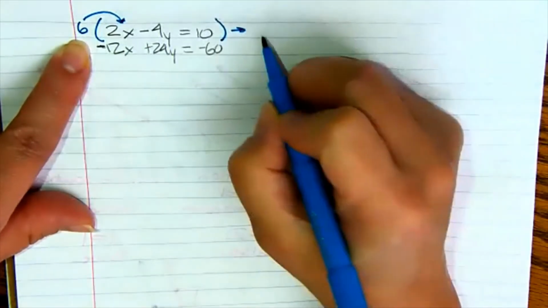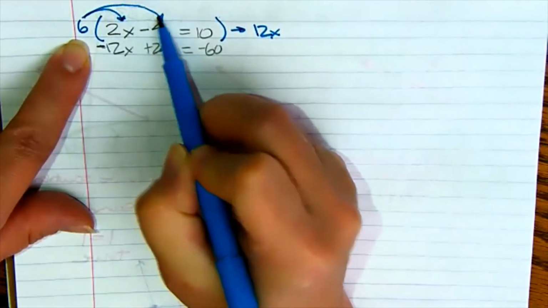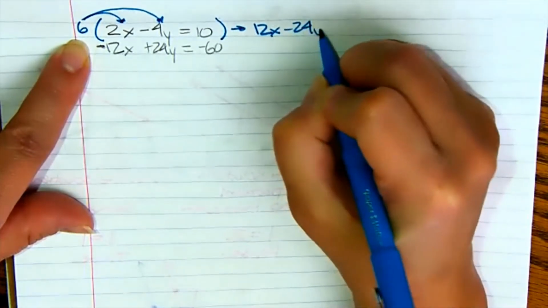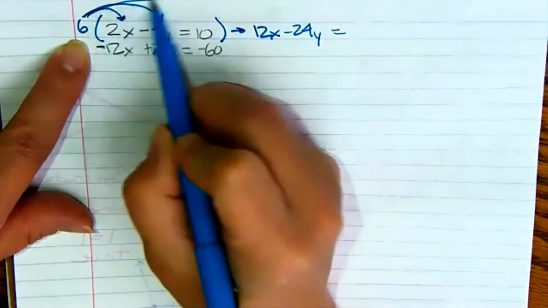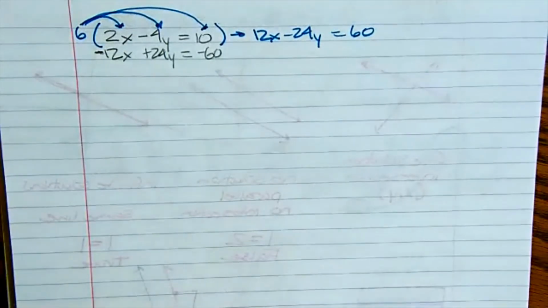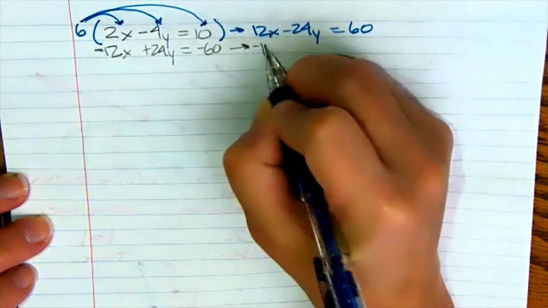So 6 times 2x is 12x. 6 times -4y is -24y. And 6 times 10 is 60. And we can bring this guy here straight across.